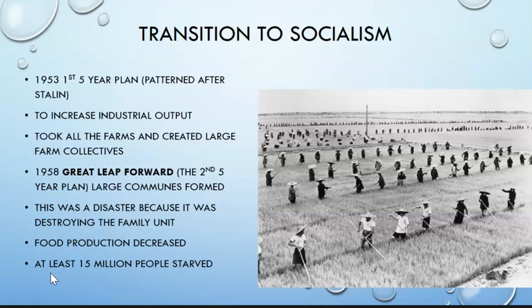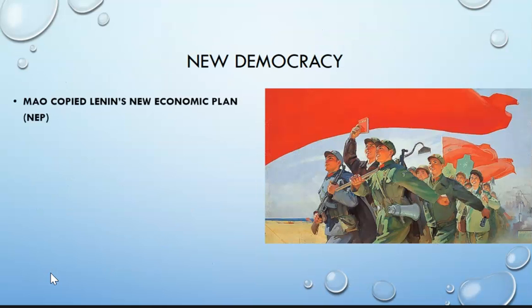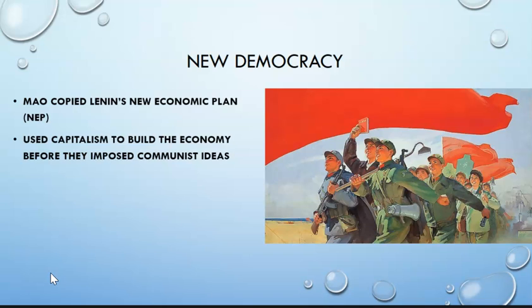Well, Mao's still in charge, and so he decides to copy Lenin's New Economic Policy, or NEP, and he is using capitalism to build the economy because the economy was so low. He uses this to build the economy before he was going to impose any communist ideals on the land.